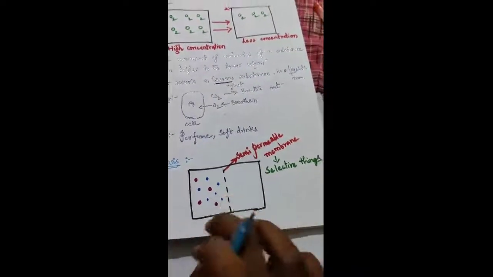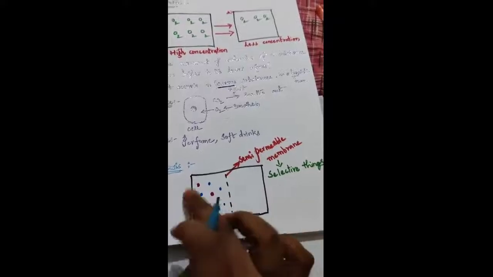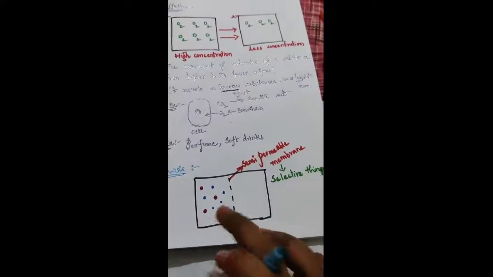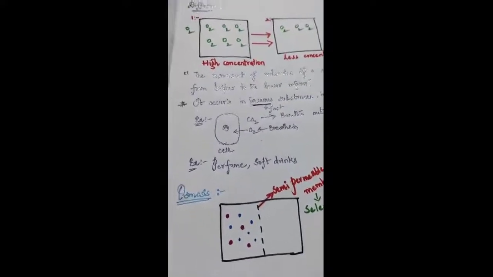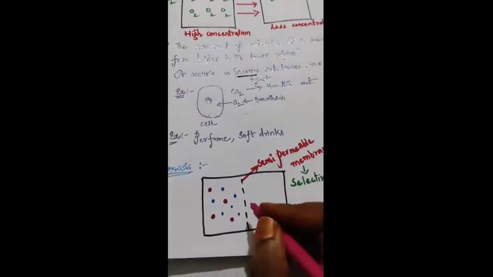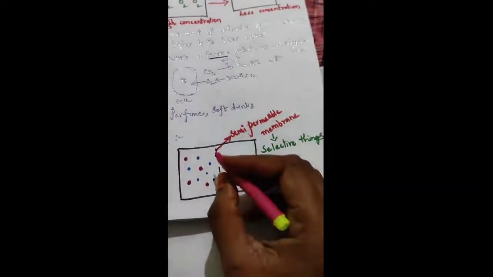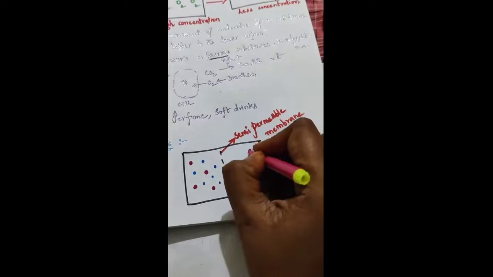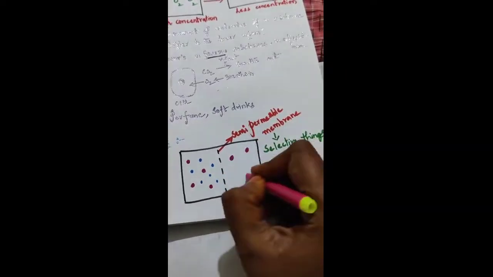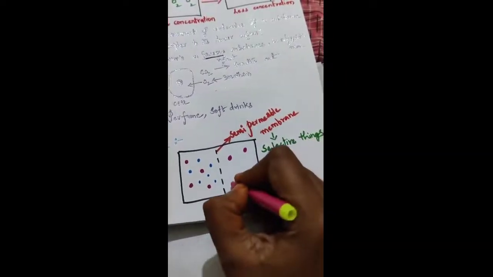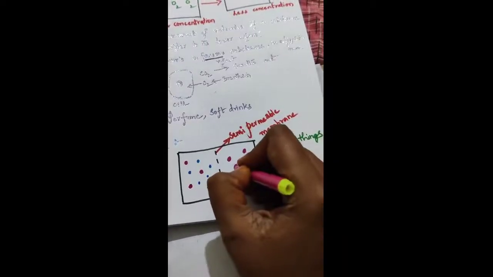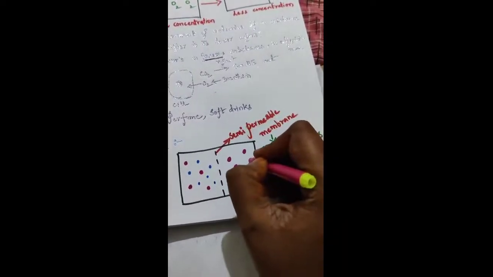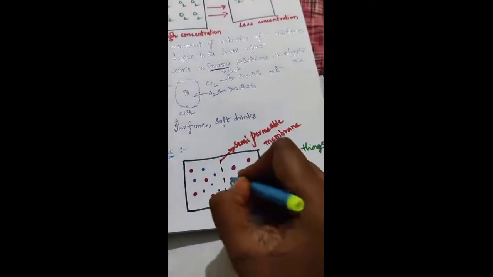Here 10 molecules, so you have a complete sugar solution. And in the other case you will have more sugar here. 1, 2, 3, 4, 5, 6 and 7.